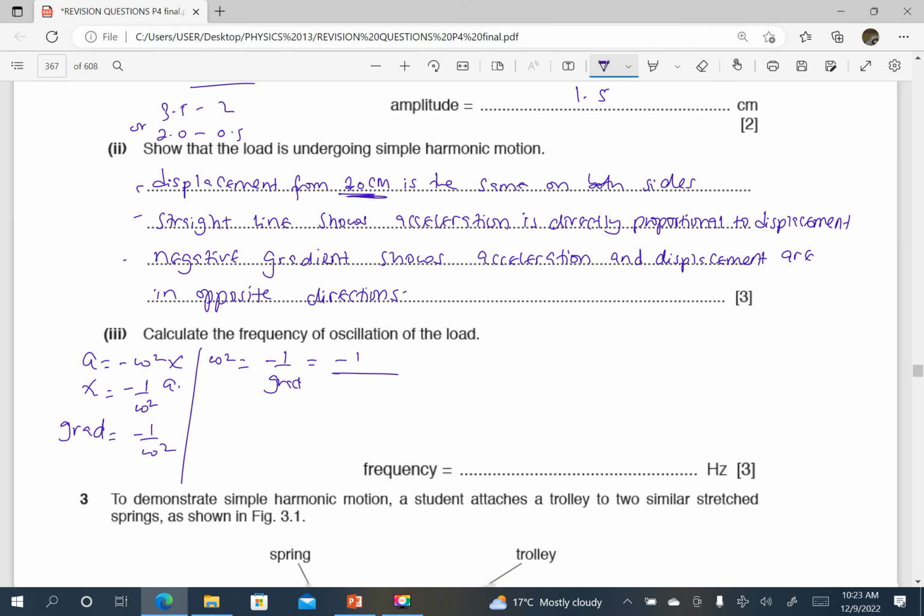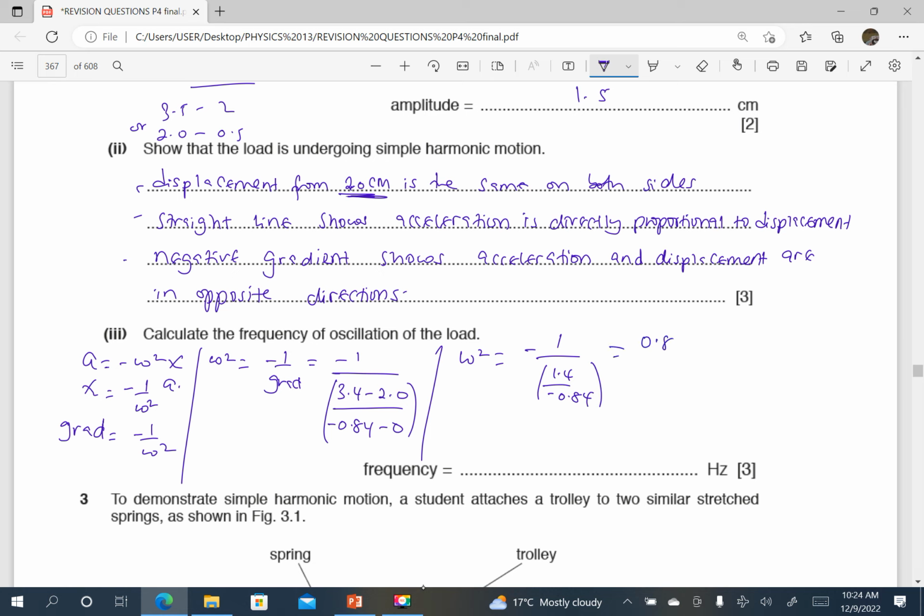Okay, so this is 3.4 minus 2.0 divided by negative 0.84 minus 0. This is the gradient. So the gradient itself is negative, of course. So omega squared is equal to negative 1 over the gradient. I have 1.4 over negative 0.84, and the negative has cancelled.